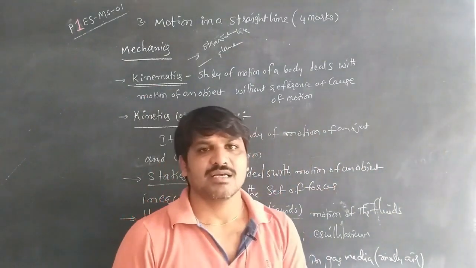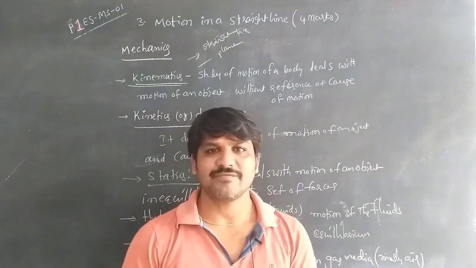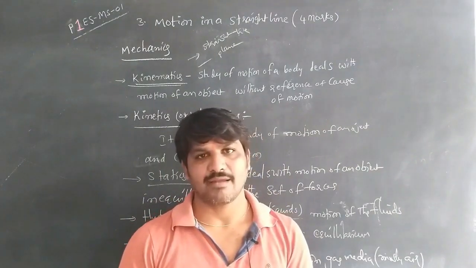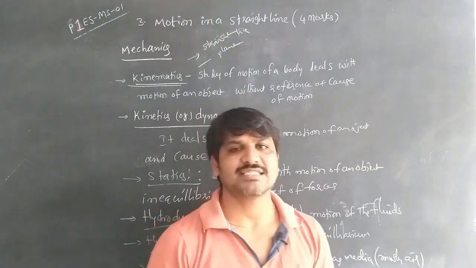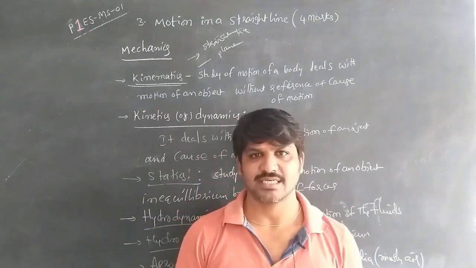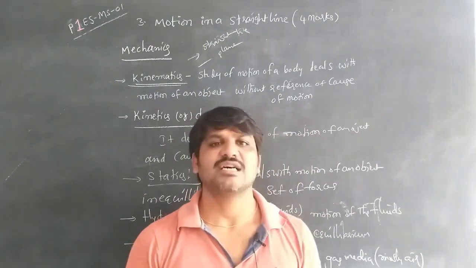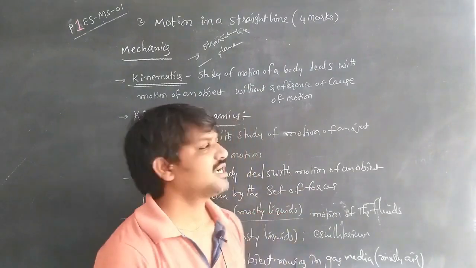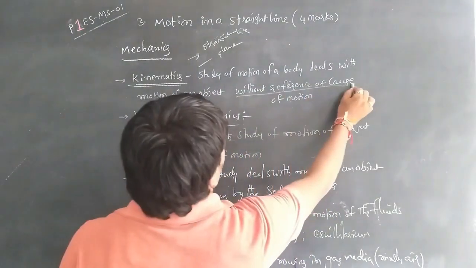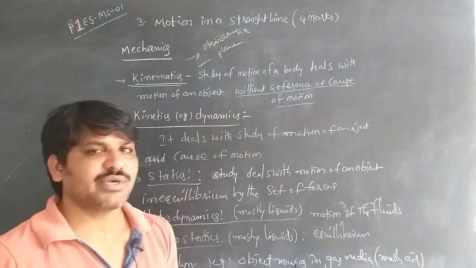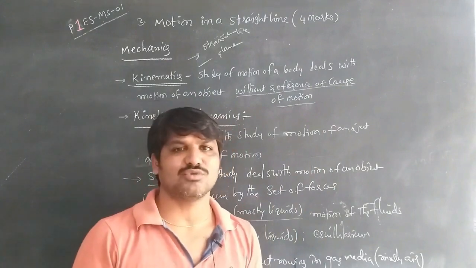Kinematics is the study of a branch of mechanics as well as physics, and the study deals with the motion of an object without reference to the cause of motion. This means we don't discuss why that body is in motion.